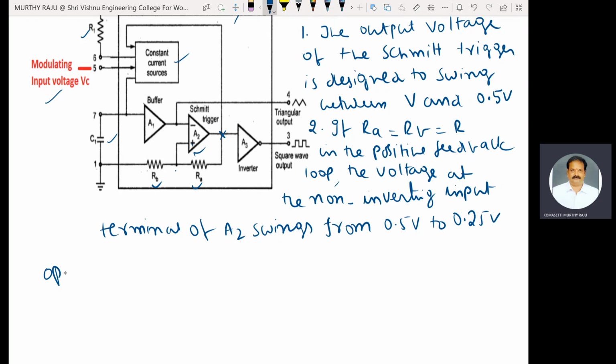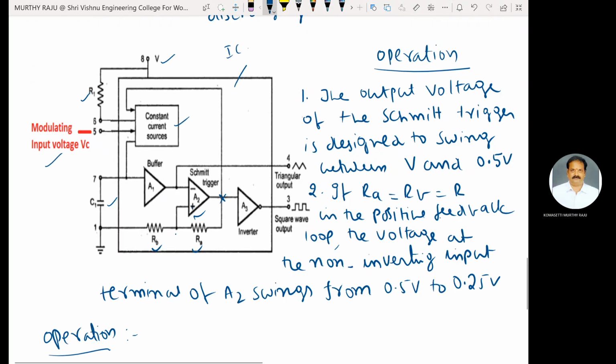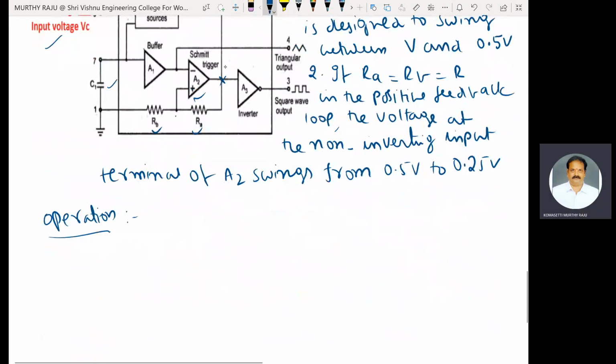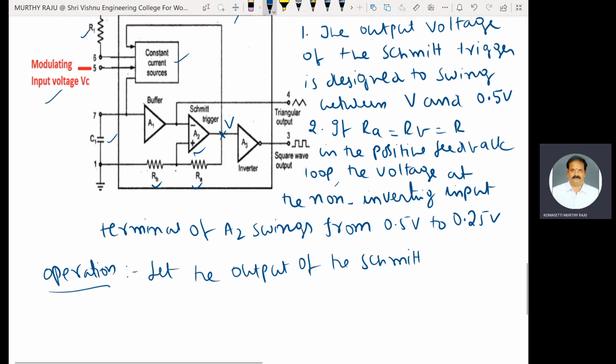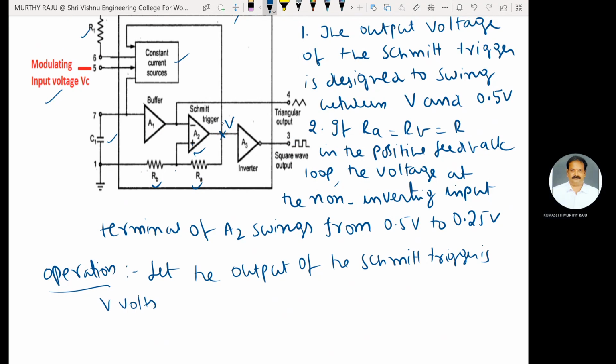Next is the operation. First, V volts is applied. Let the output of the Schmitt trigger be V volts. This V volts is also applied to the constant current source.